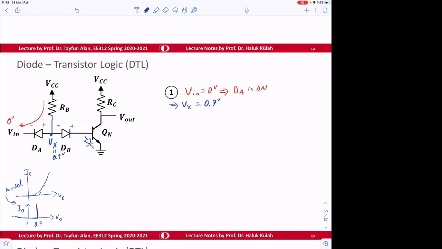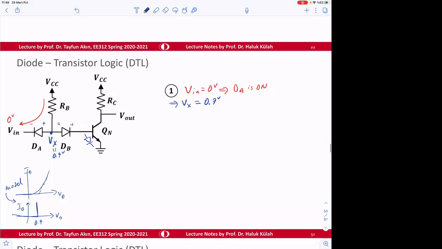Is 0.7 enough to turn on both junctions? No. So we cannot say that one of them is on and the other is off, because if one of them is off, the current is 0.